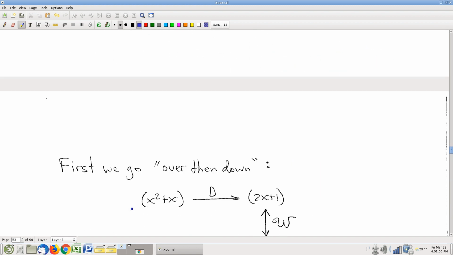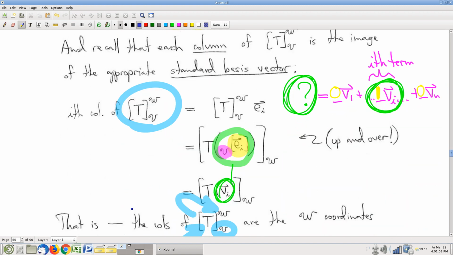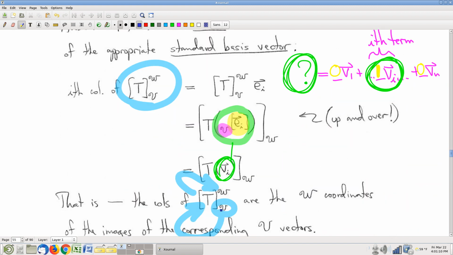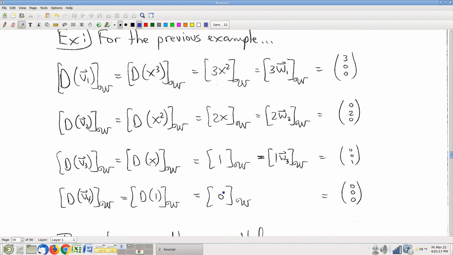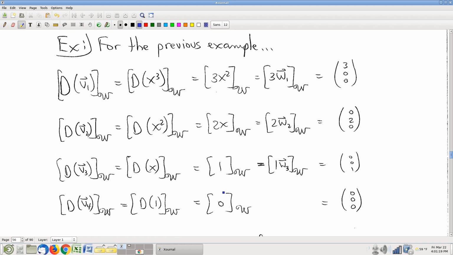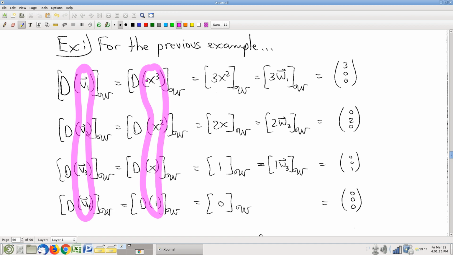We're going to follow this rule: take the input basis, do the linear transformation, write the results in output language. And here's how that plays out. Here's that input basis. Those were the input basis vectors, V1 through V4. They were x cubed, x squared, x, and 1.